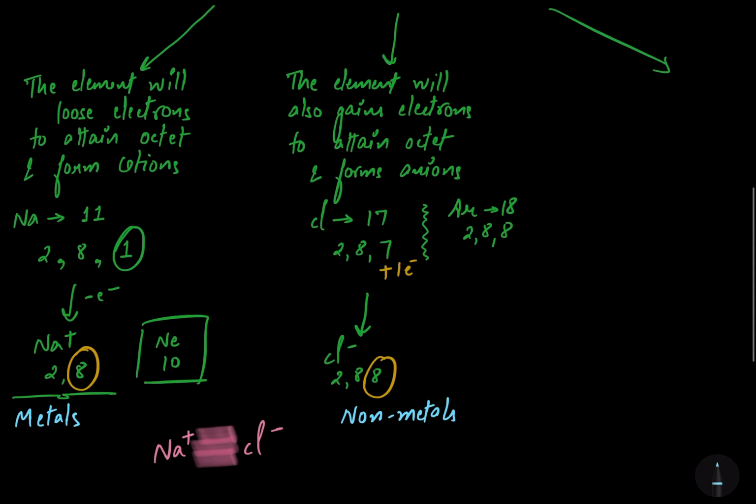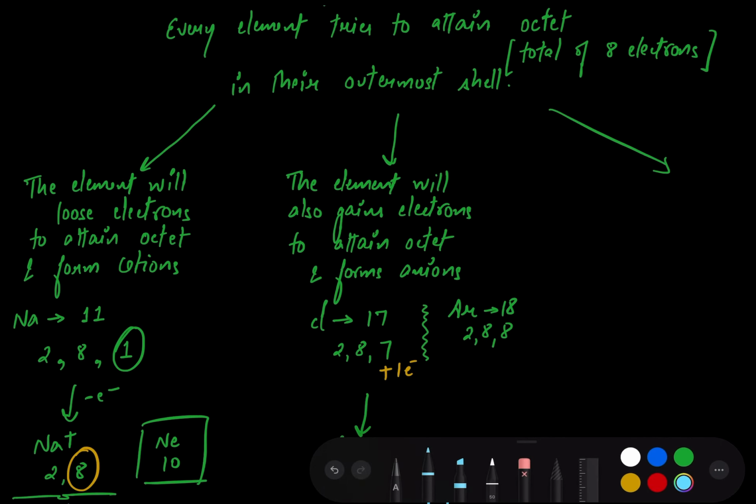Now let's talk about the third scenario. What's the third method by which an element can attain the stable noble gas configuration?